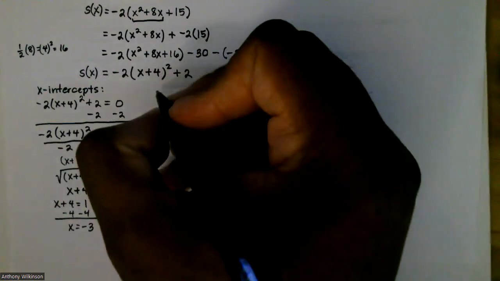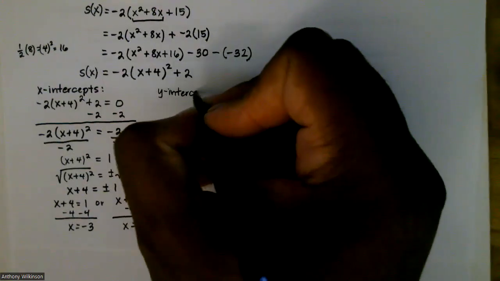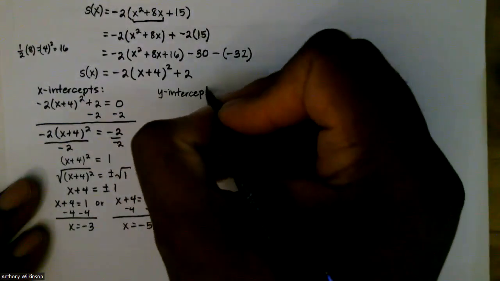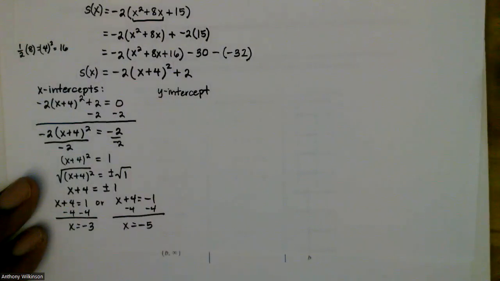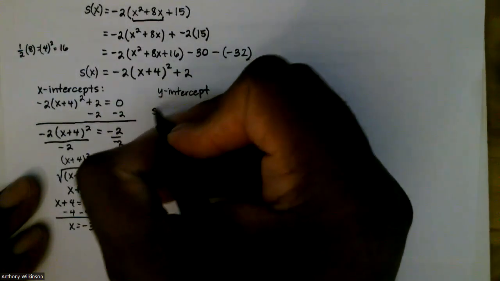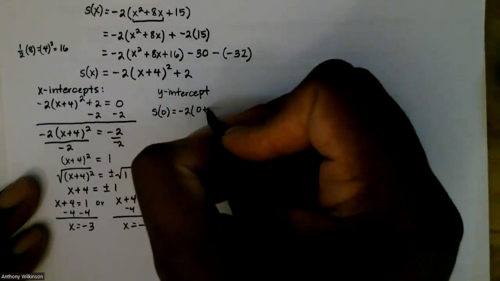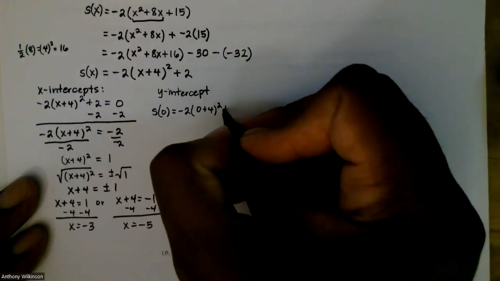Now for the y-intercept, we just substitute 0 in for x here. So s of 0 is equal to -2 times (0 plus 4) quantity squared, plus 2.